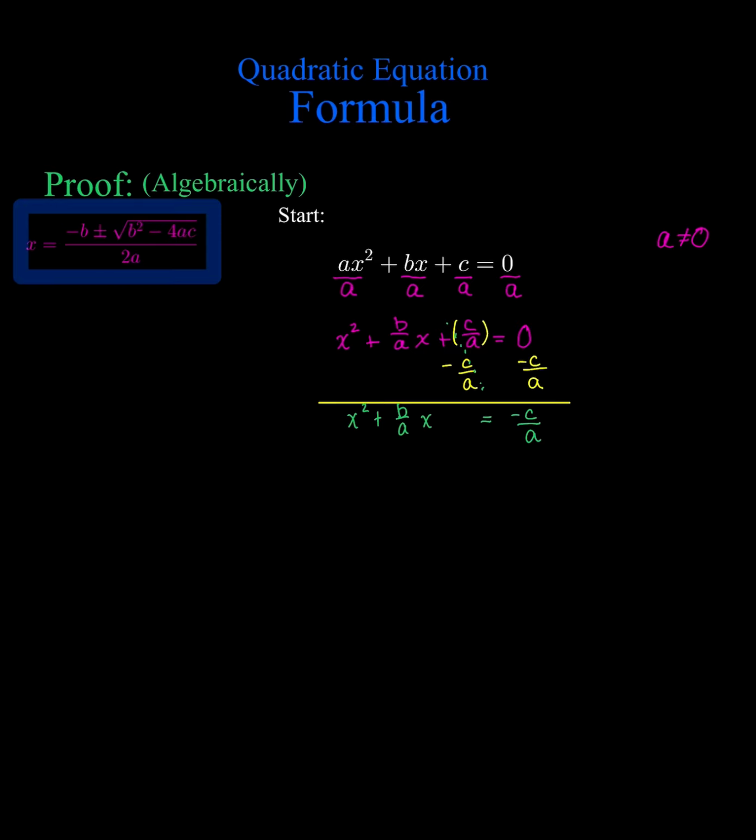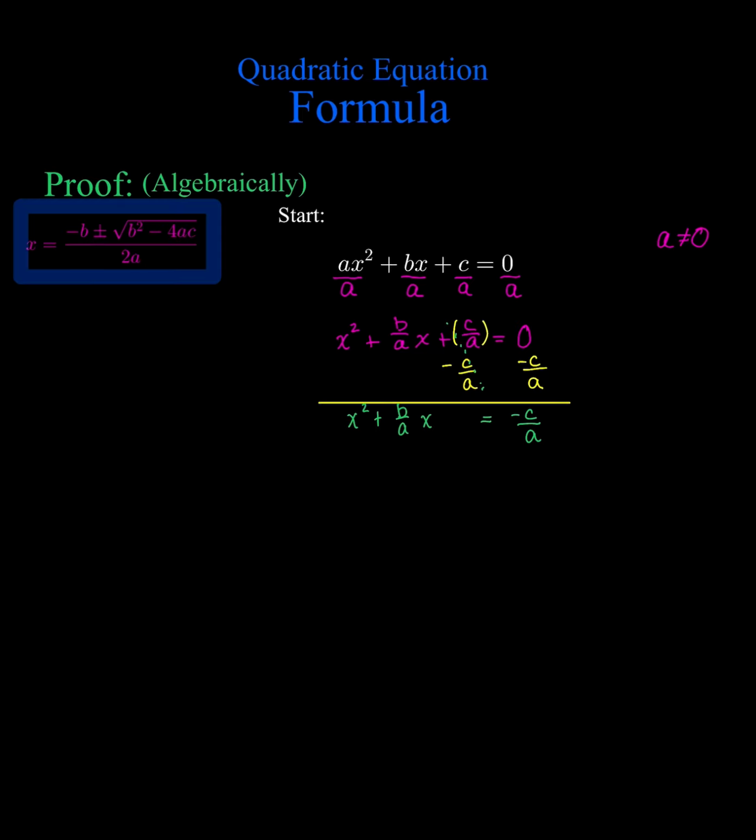Now, you may ponder, why would I subtract c over a from both sides? What would that provide for me? Well, it will provide the following, if you can recall and utilize this trick. The trick I'm about to show you is known as the completing the square method. The completing the square method states the following.